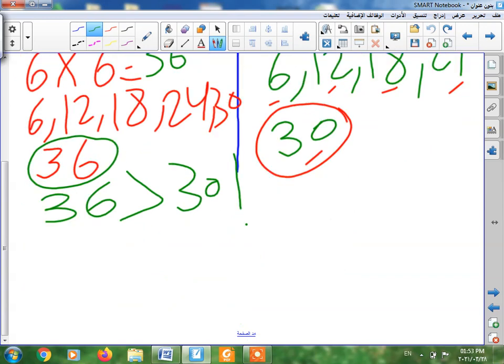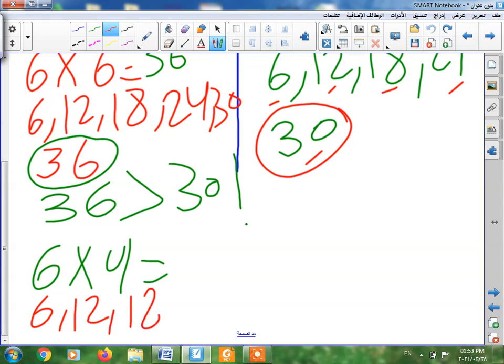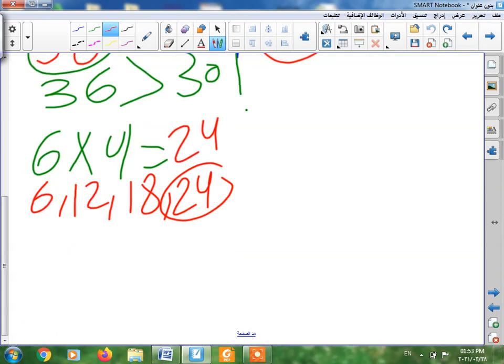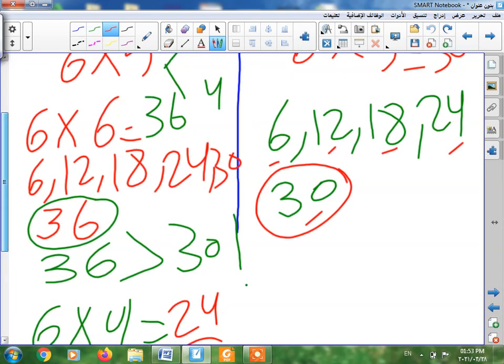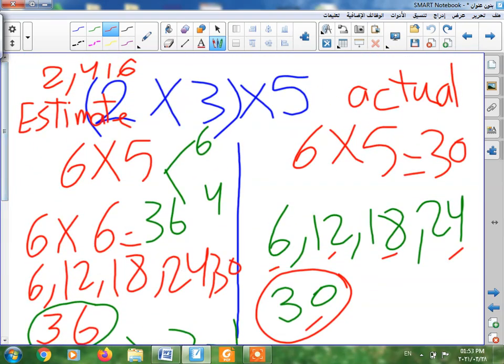Now find the product of 6 times 4. Repeat 6 four times: 6, 12, 18, 24. Equals 24. Is 24 smaller or bigger than 30? 24 is smaller than 30. Then the estimation of 6 times 5 is between what and what?